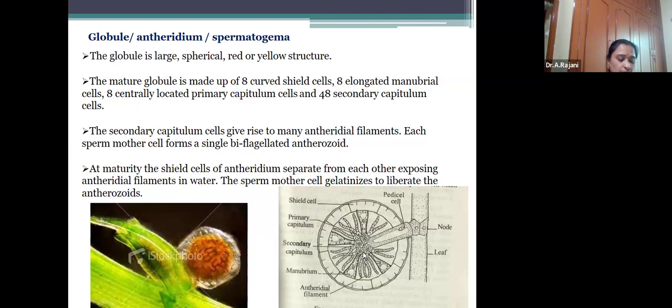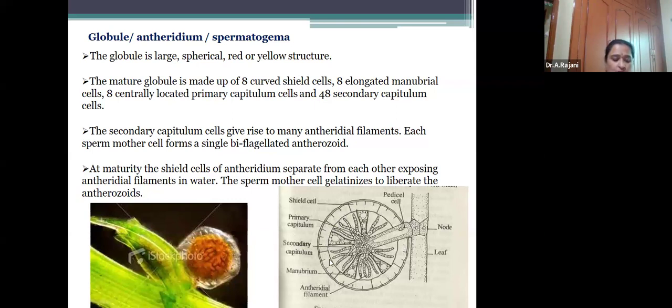The wall of the antheridium or globule is generally made up of 8 triangular plate-like cells. How many cells? 8 triangular plate-like cells. These cells are called shield cells. See, 1, 2, 3, 4, 5, 6, 7, 8.